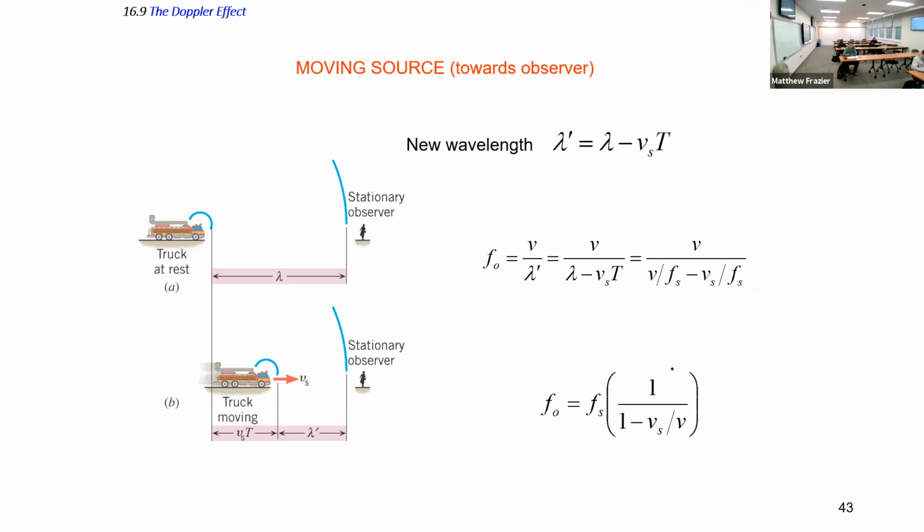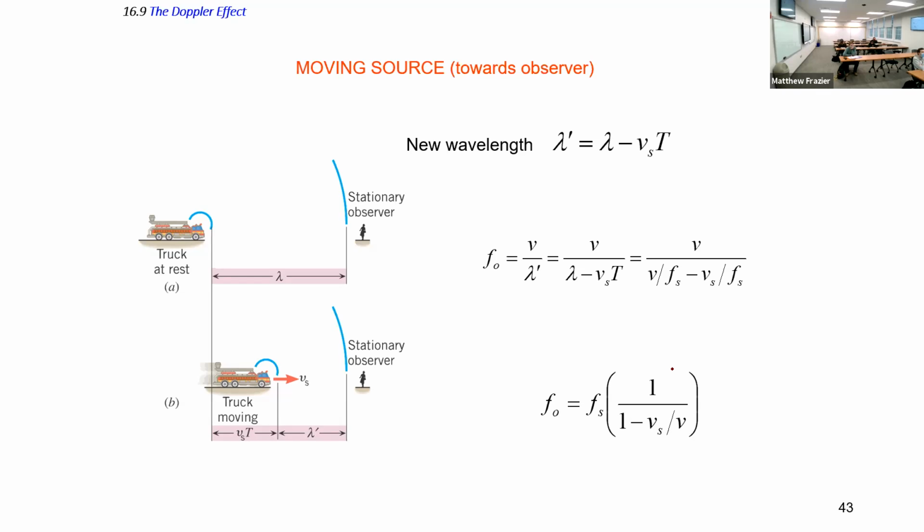So a lot of this is derivation. You don't need to copy the derivation down. It's just justifying what's going on. All right, if the source were at rest, it would put out wave fronts, or it would put out a compression with a distance lambda, the wavelength between compressions. But as the truck moves, it covers some distance, velocity times time, based on the velocity of the source, or the velocity of the truck.